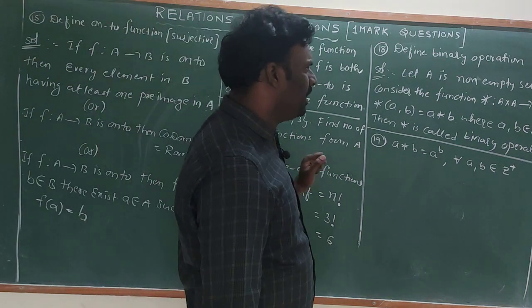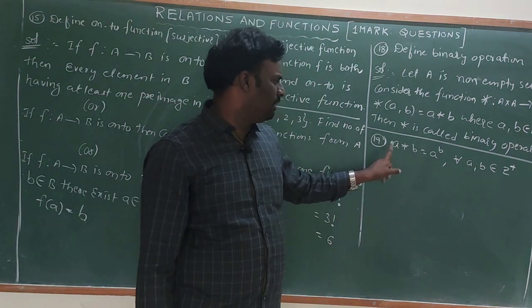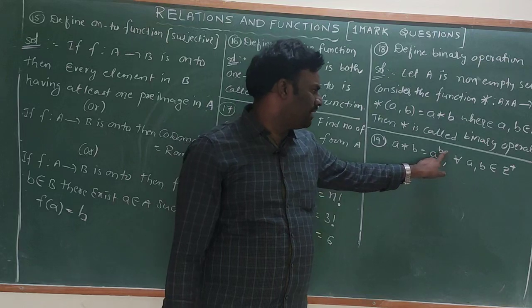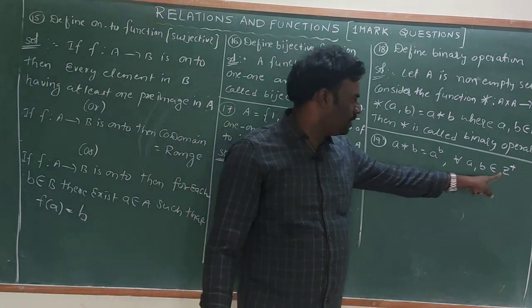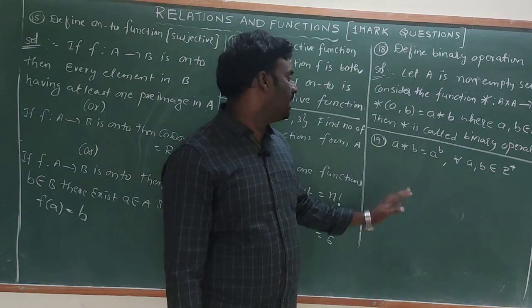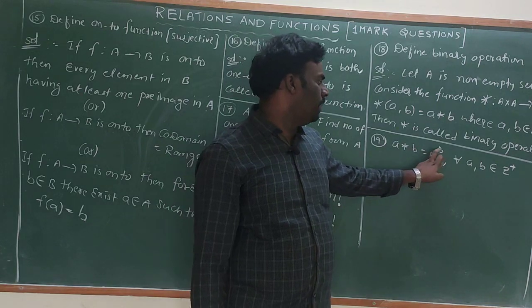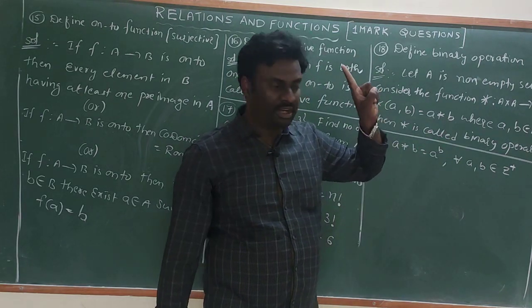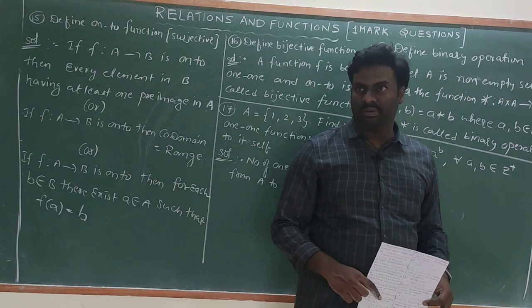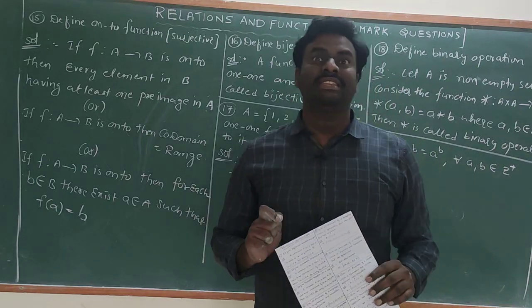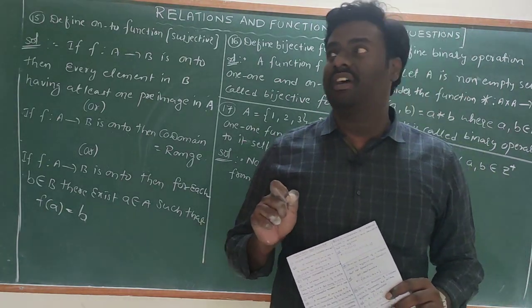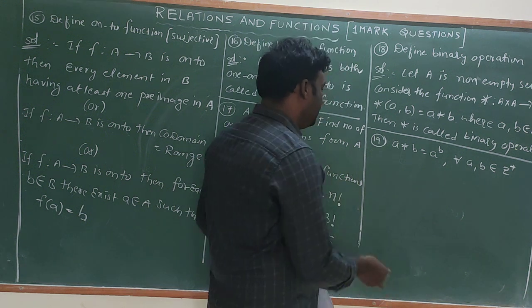So it is binary operation, because if you take the elements 2 and 3, 2 power 3 is 8. 8 is a positive integer. If you take 1 and 2, 1 power 2 is nothing but 1. 1 is also a positive integer. Means it is satisfying the condition for all positive integers.